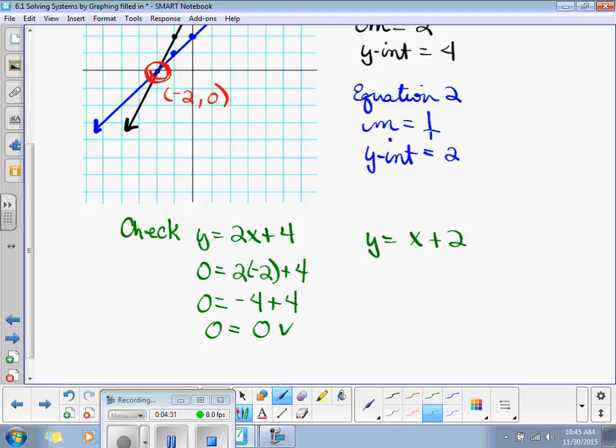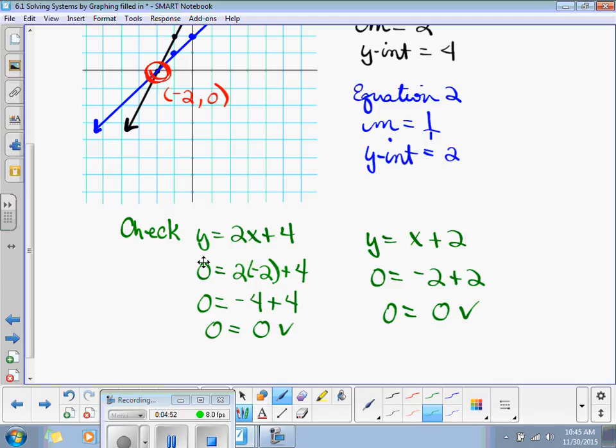That checks out. On the other one, we have 0 is equal to -2 plus 2, 0 is equal to 0, and that checks out too. So if you have an ordered pair that satisfies both equations, that is your solution.